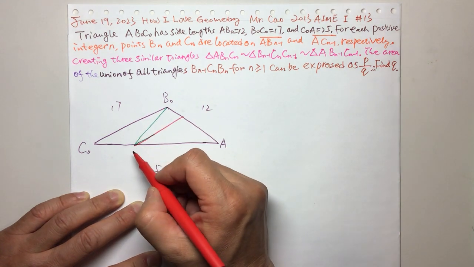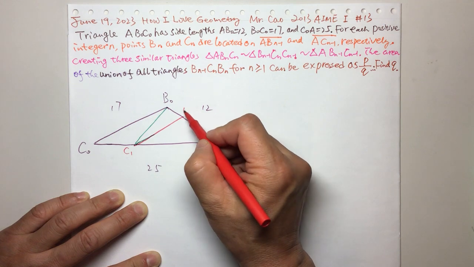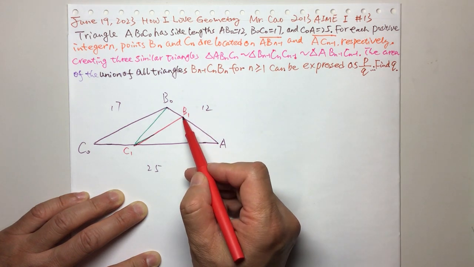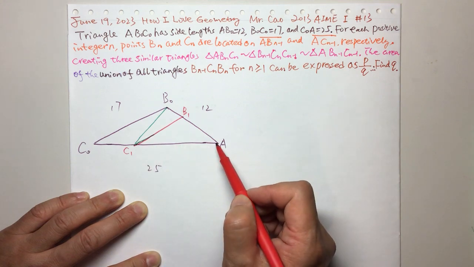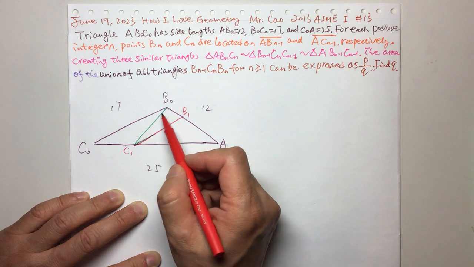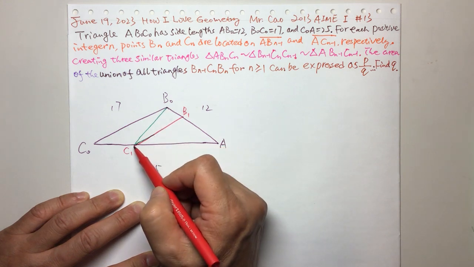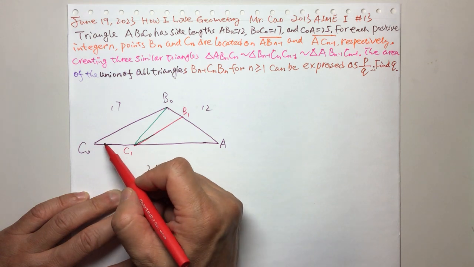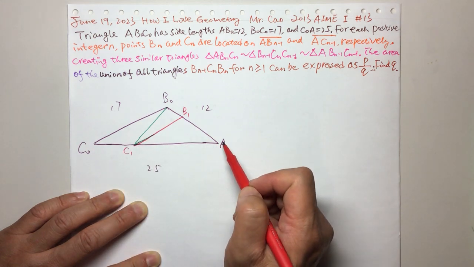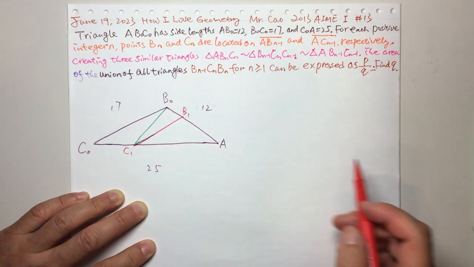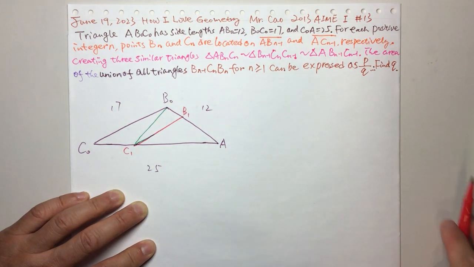So this is C1, B1, right? So this triangle AB1C1 is similar to AB0C0, and this triangle C1B0C0 is also similar to the larger triangle AB0C0. Okay, then we just go on, right?